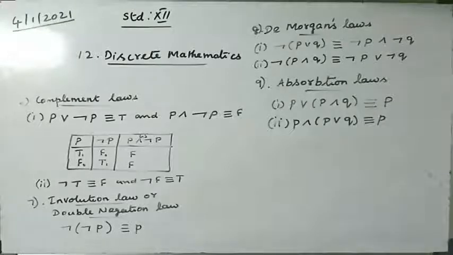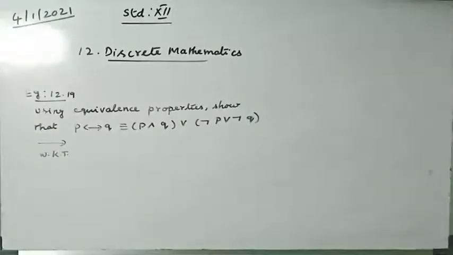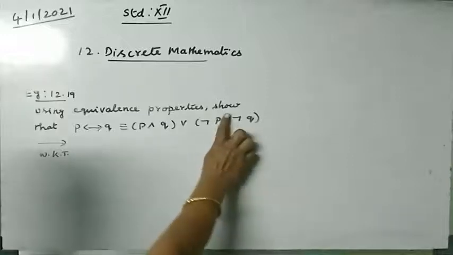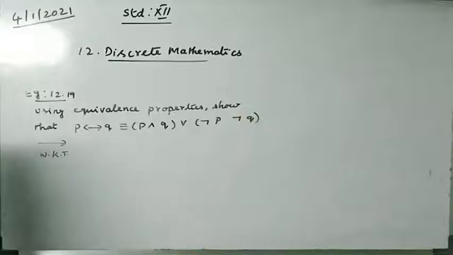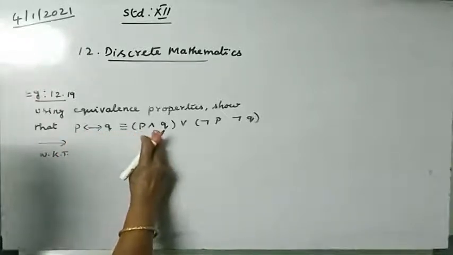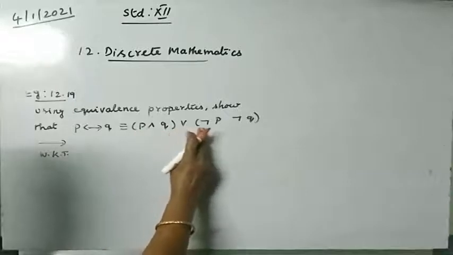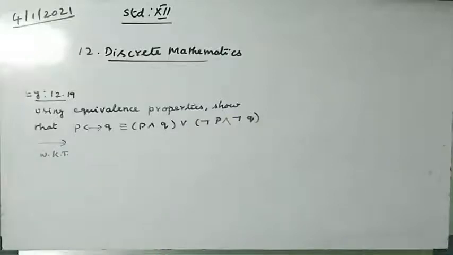Now example 12.19. Using equivalence properties show that P if and only if Q is equivalent to P and Q or negation of P and negation of Q. This is the question and we want to prove by using equivalence properties.